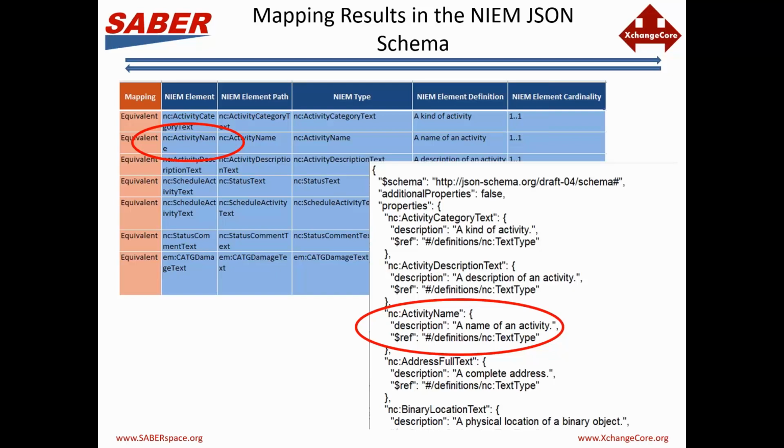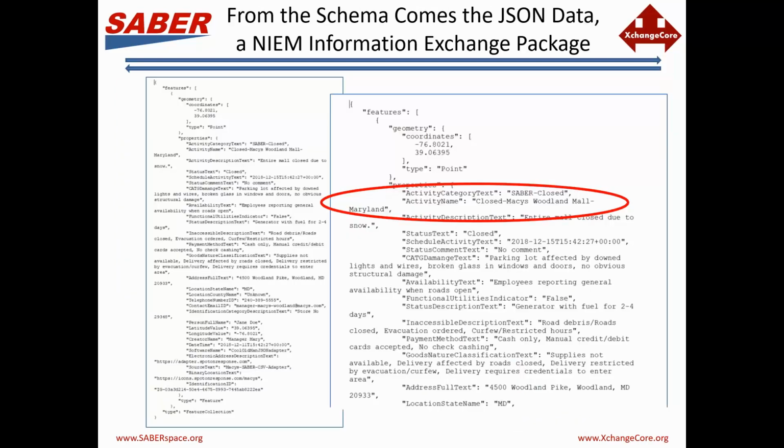So we've now mapped, we've created this JSON schema. But you don't move the schema around. The schema is what sits there and says, hey, if I move the right data around, what you move around is an information exchange package. And here we see a JSON document on the left-hand side. This is a sentence. And it contains all these words: activity category text, activity name, and activity status field, all of which mean the things that we saw in the mapping. It means the type of business. It means the name.